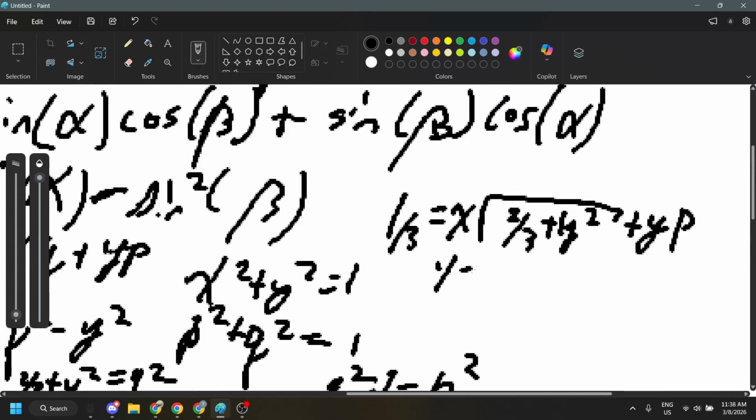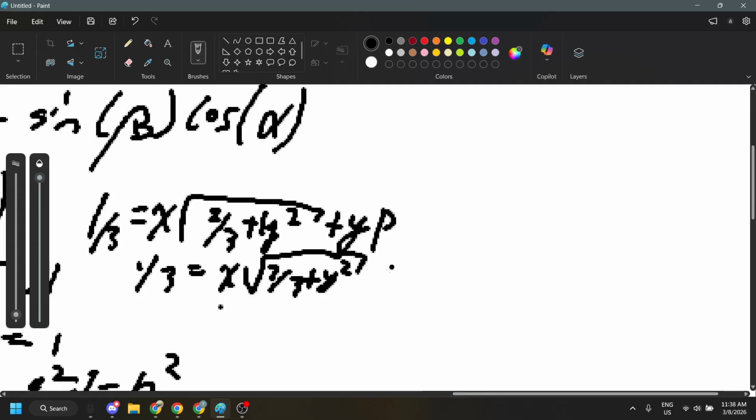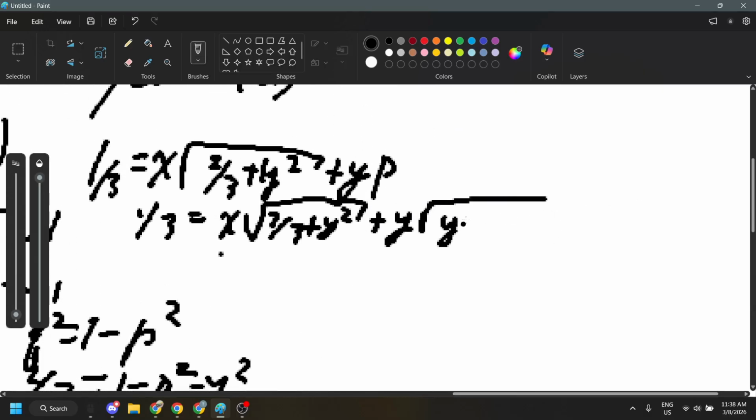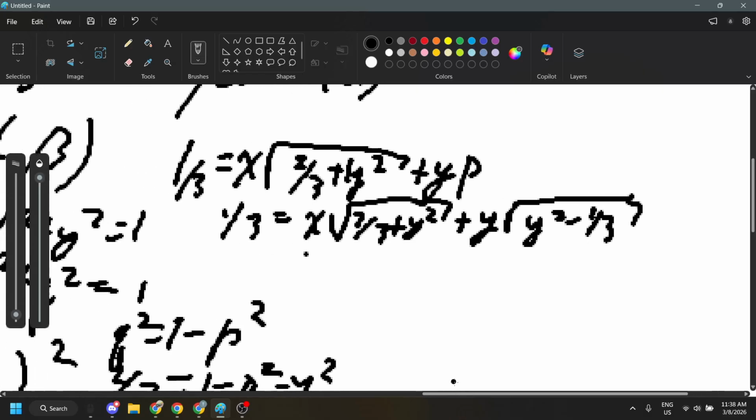Okay, so 1/3 is equal to x times the square root of 2/3 plus y squared, plus y times that square root. So we have this equation, and then we have x squared plus y squared equals 1. Now can we solve? Yeah, we can, of course.